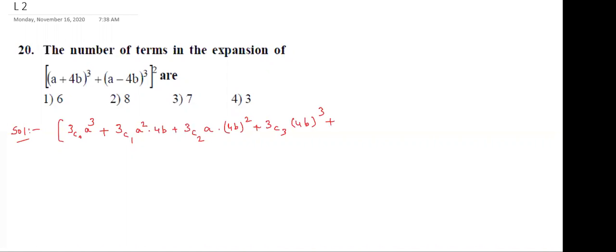Now go to the second expansion, same like that. 3C0 into a cube minus 3C1 a square into 4b plus 3C2 a into (4b) whole square minus 3C3 into (4b) whole cube.